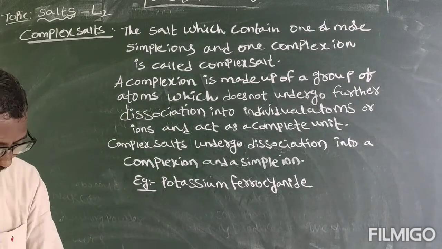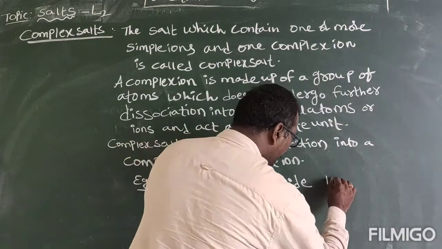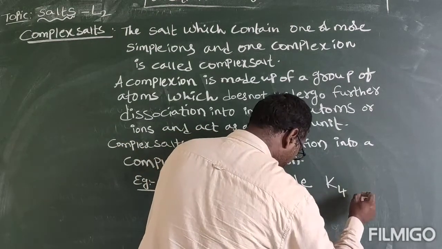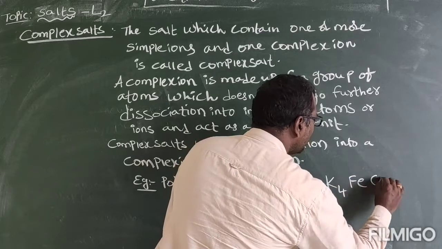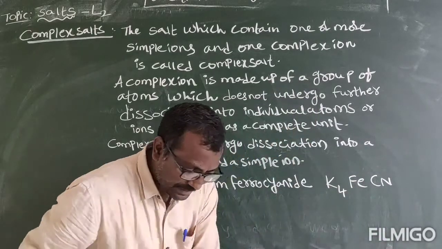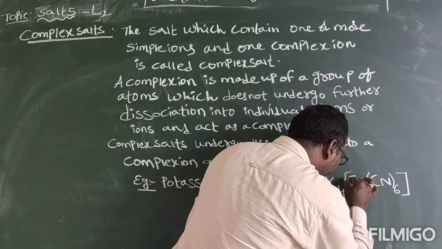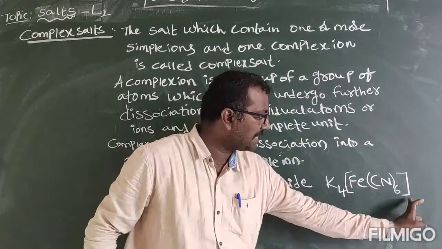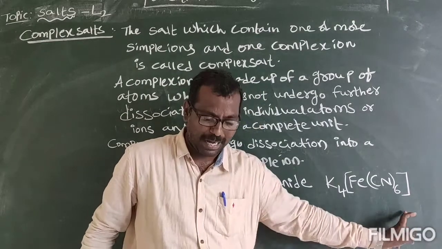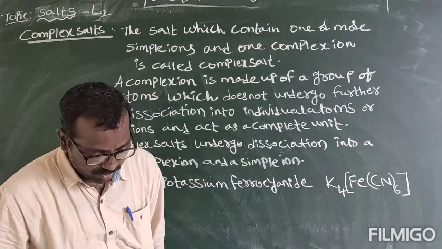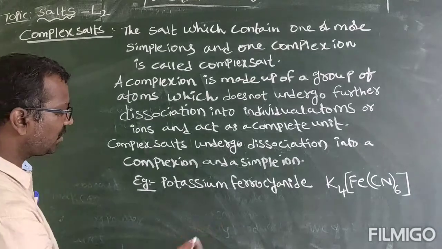Potassium ferrocyanide. The formula you can see is K4[Fe(CN)6]. See, complex ions are always written like this, in closed brackets. Okay, so what are the ions here?